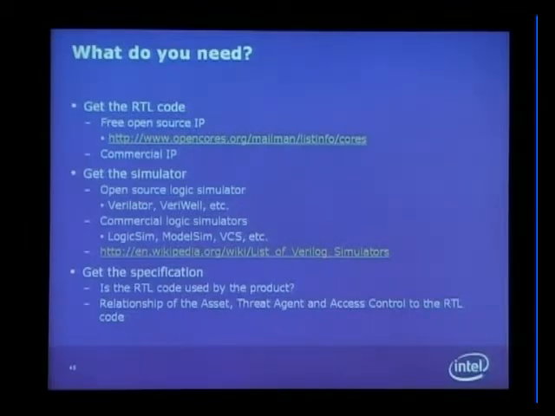And the other thing we want to get is a specification. Let's say you want to run pen testing on the RTL code. Most of the time, the RTL code is so small in the whole system. You need to understand where this piece of RTL code is used in the product.